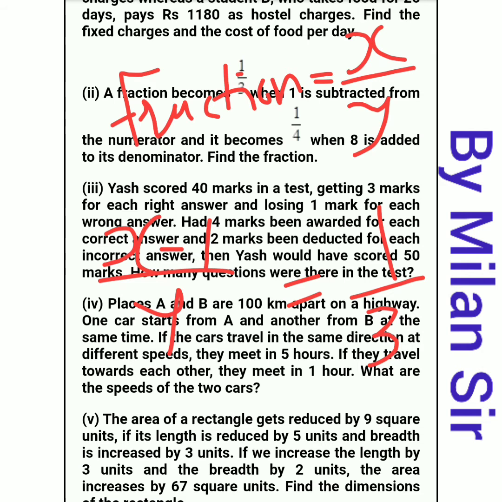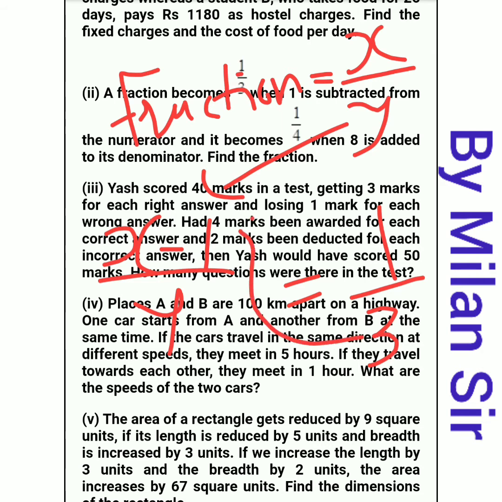The answer is 1 by 3, because the fraction becomes 1 by 3. Right, so x minus 1 upon y is equal to 1 by 3.